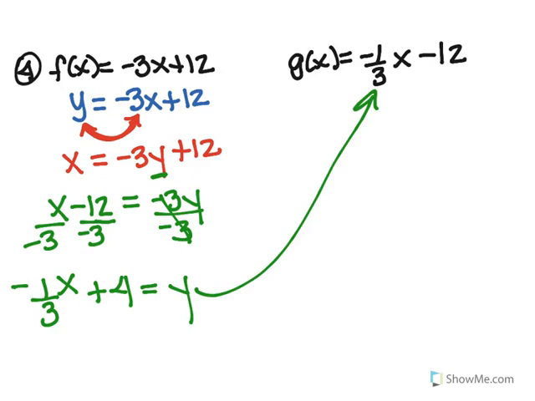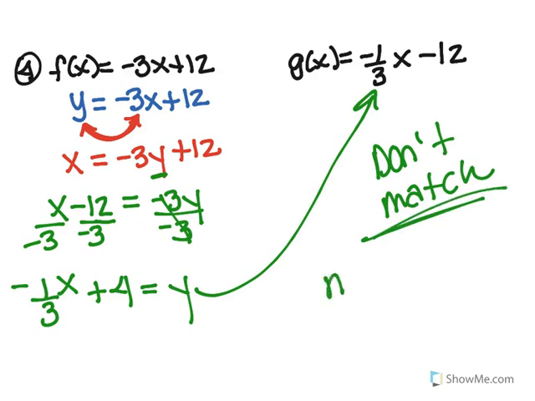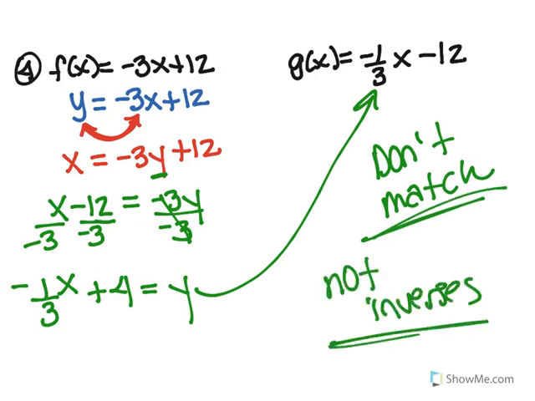Then we look at the g function. Negative 1/3 x plus 4, negative 1/3 x minus 12. They don't match. So not inverses. They're not inverses because they don't match.